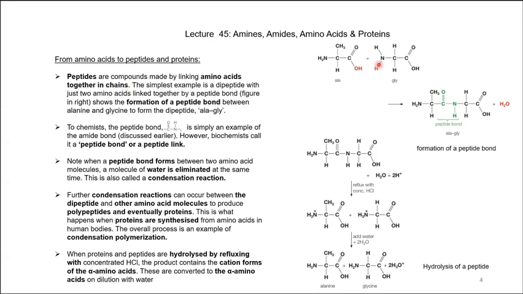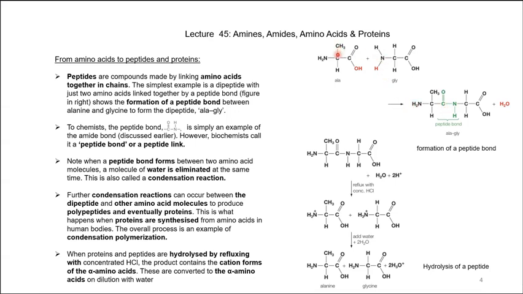You see, this is an amino acid. This is an amino acid. We link them together, and this is alanine, this is glycine, and then we can have this compound alanine-glycine. And here is the peptide bond. This is the peptide bond.